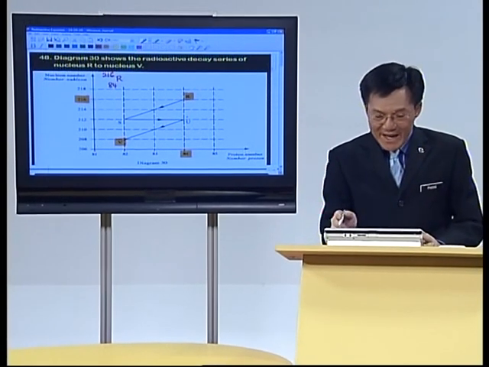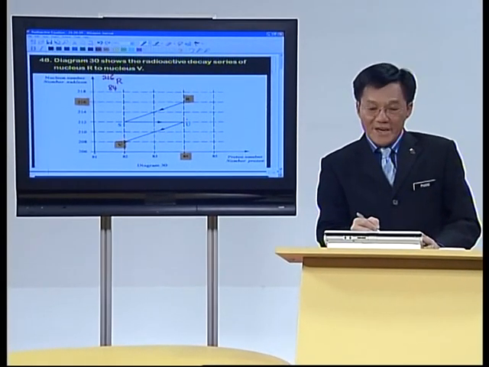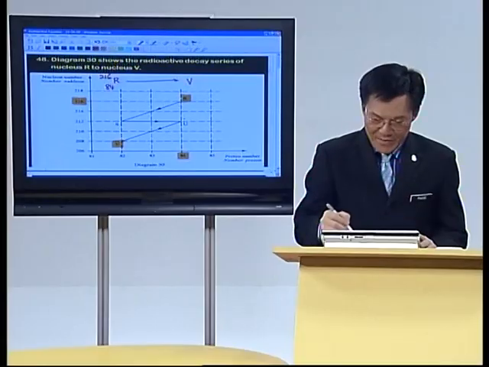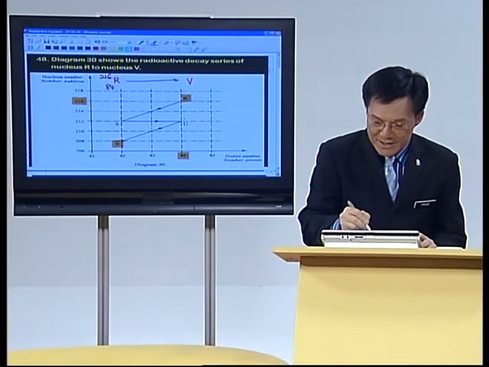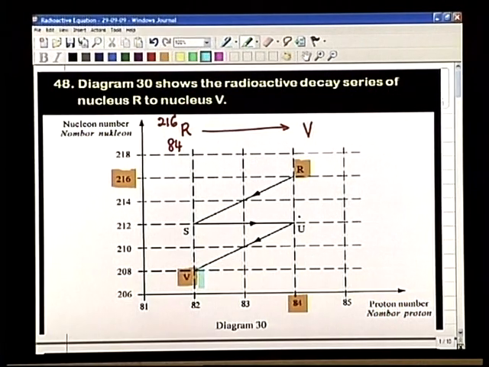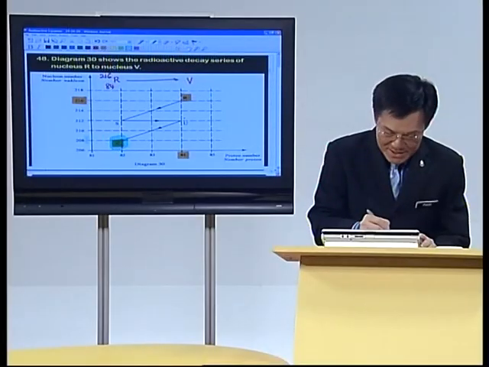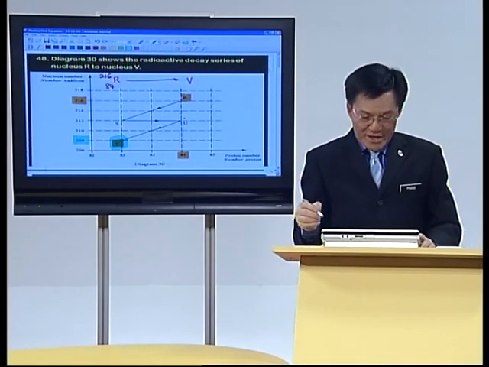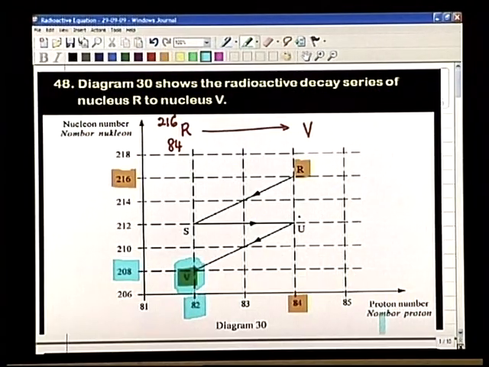Now it decays to form V. And what is V? Draw an arrow. Alright, I'll write down V here. I'll use another highlight color. Okay, now look at V. Alright, so what is the nuclear number? 208. What is the proton number? 82.